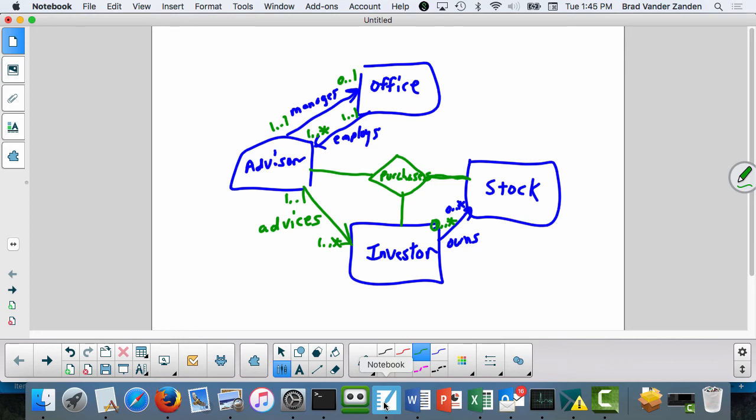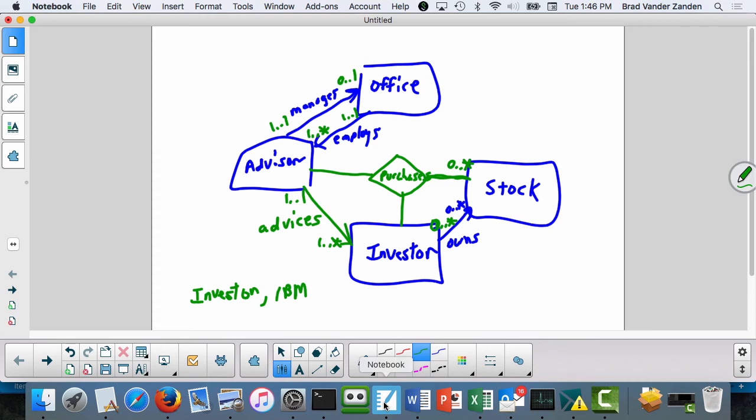Zero to many, probably. Then if we have an investor in some stock like IBM, how many advisors could have purchased that stock for us? You want to take a crack?